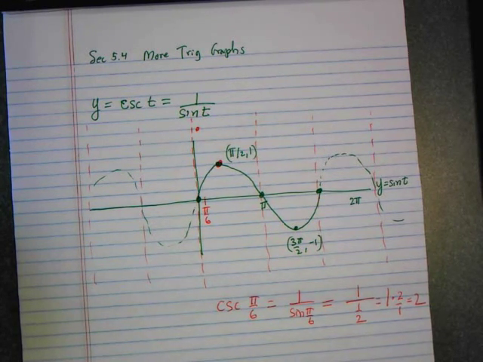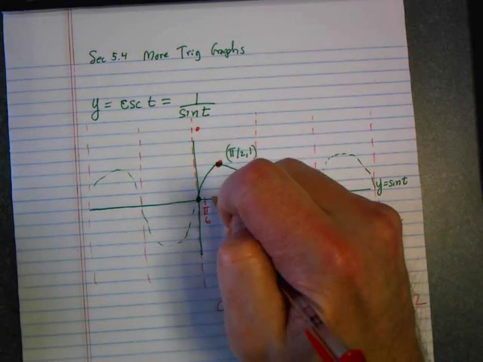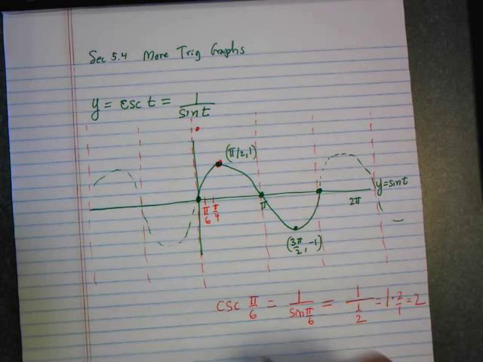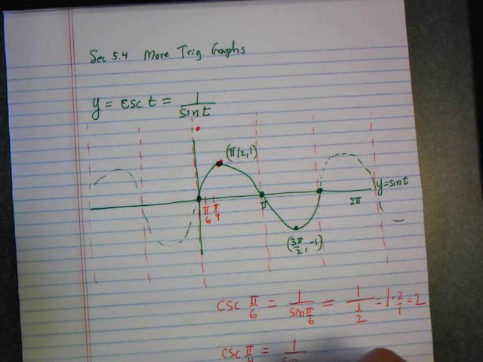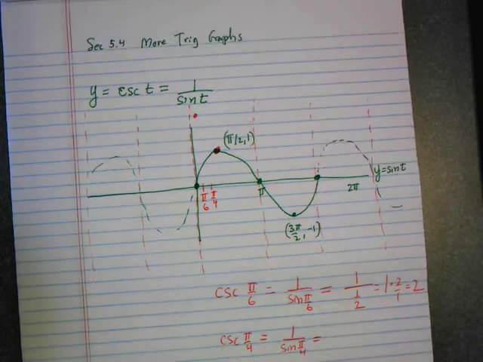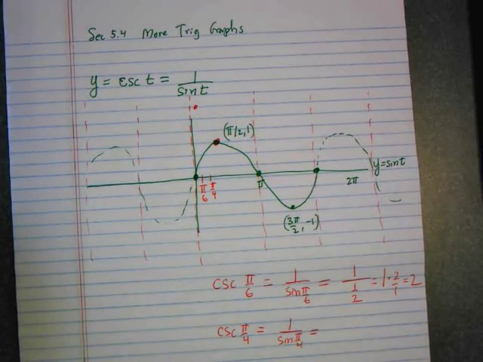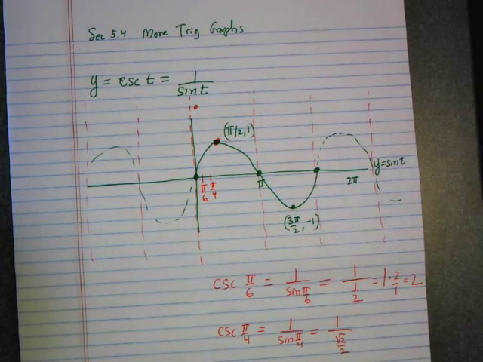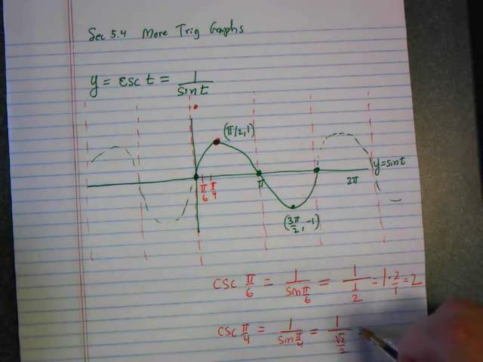Okay. How about if I pick my angle pi over 4? That's right about there. Cosecant of pi over 4 is 1 over sine of pi over 4. The sine of pi over 4? Square root of 2 over 2. So that's going to be 1 over square root of 2 over 2, which is 2 over the square root of 2.